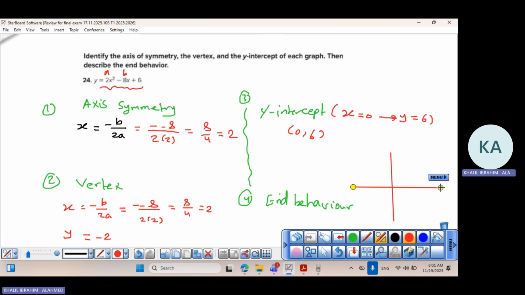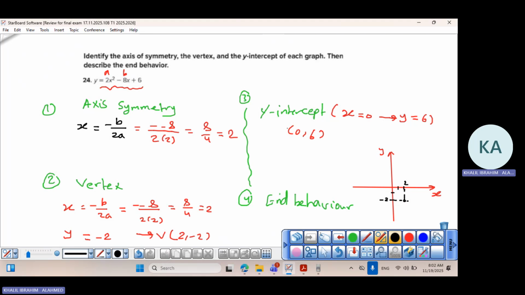Here, the coordinate of the vertex is 2, negative 2. Okay, maybe you can graph this. This is 2. This is negative 2. Yes, we can get it.